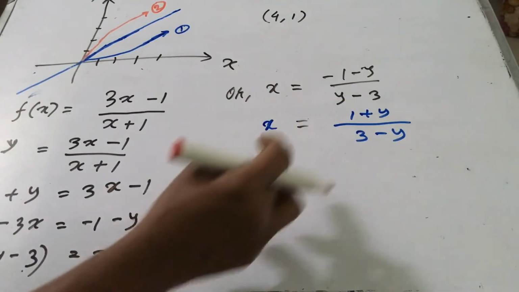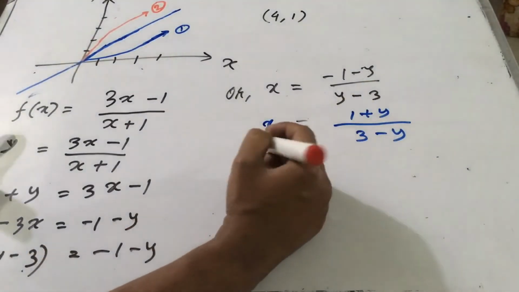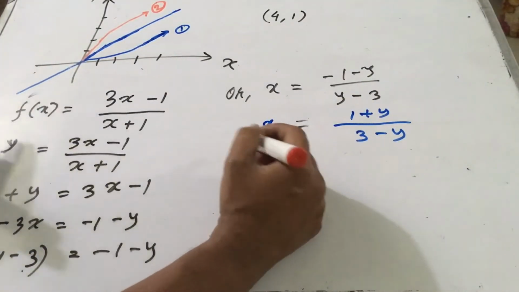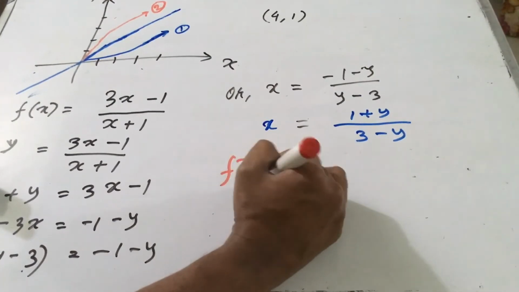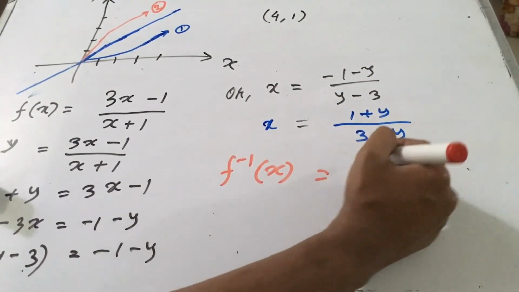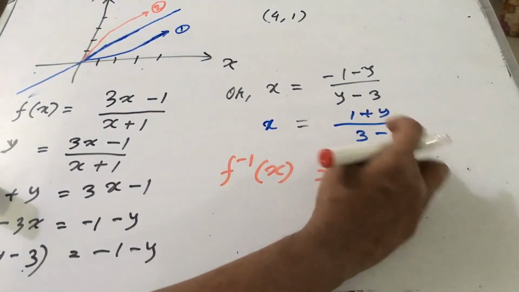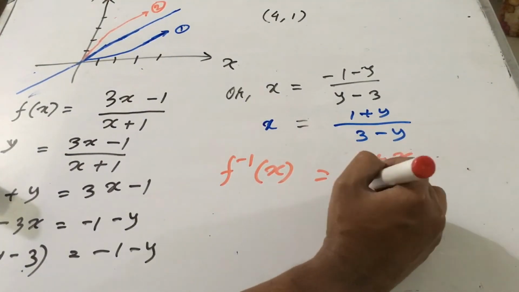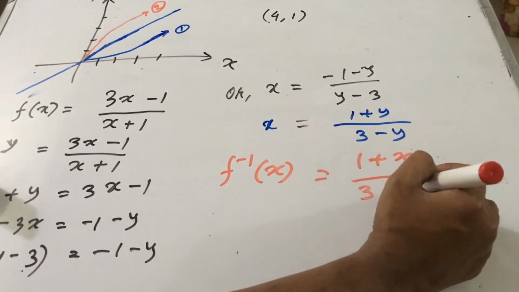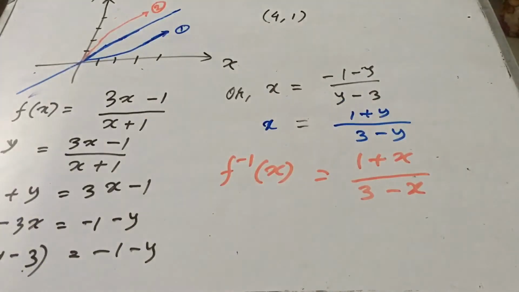In the answer we will just change the y and write x. So this function's inverse, that is the inverse function, will be (1 plus x) divided by (3 minus x). This is how we can find the inverse of this function.